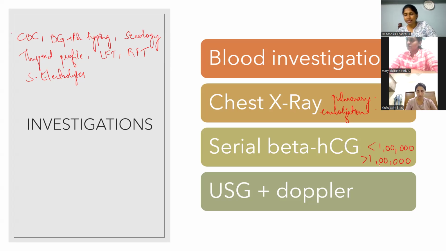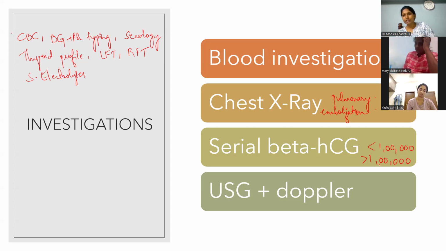This 1 lakh is the criterion where, if it is more than 1 lakh, the chances of development of gestational trophoblastic neoplasia are more. That is why, with more than 1 lakh, you have to be careful in the post-evacuation surveillance. So our pre-evacuation value of beta HCG is very important, and we must not miss doing a beta HCG value.